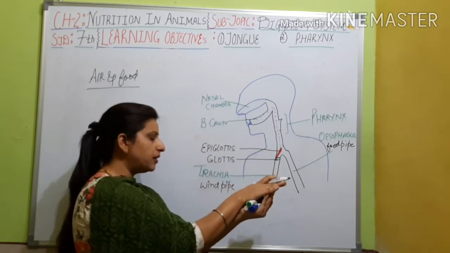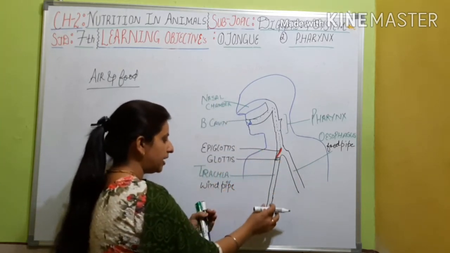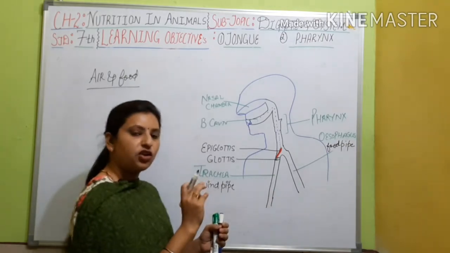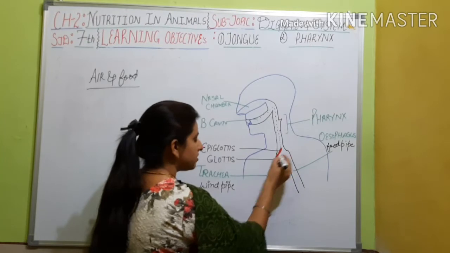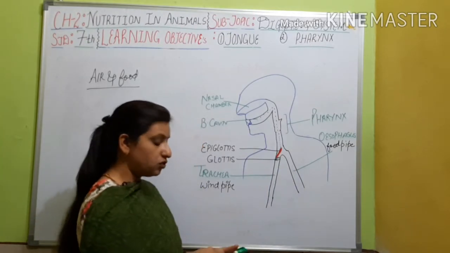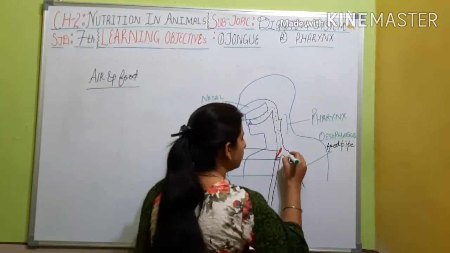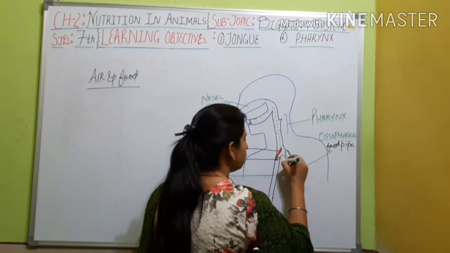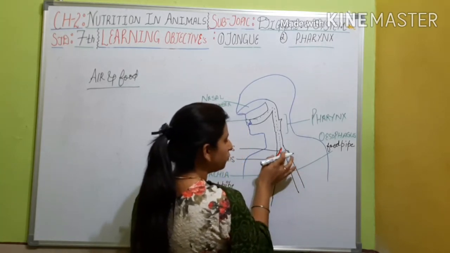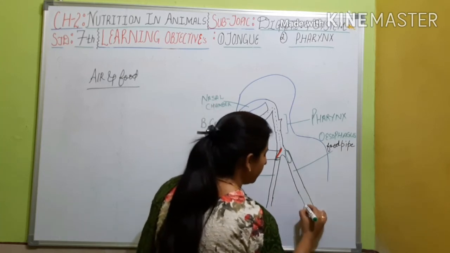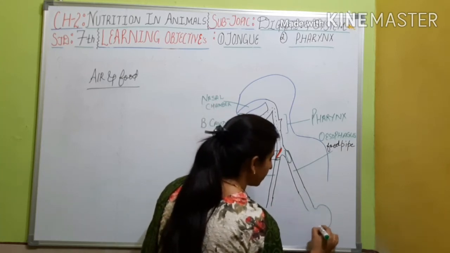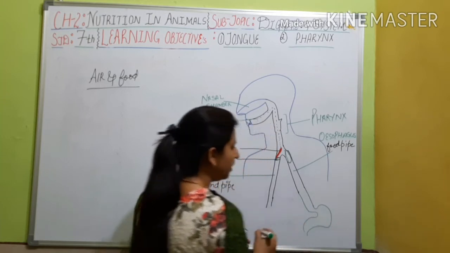When it closes, the windpipe is closed for a very short time, and the food, which is in the form of a bolus, immediately enters into the esophagus and then the stomach. We will discuss what a bolus is, and this later on.